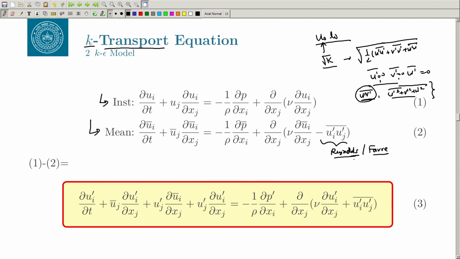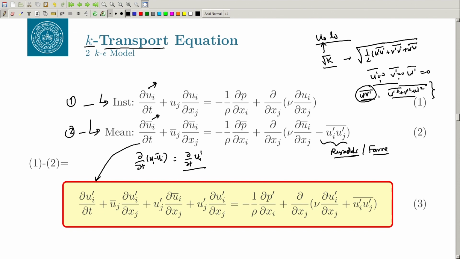Now, we want an equation for the fluctuations. If this is my equation 1, and this is my equation 2, I do 1 minus 2. This is my partial t of ui minus partial t of ui bar, which is nothing but partial t of ui prime. So we will get an equation in terms of ui prime. The first term will become ui prime.